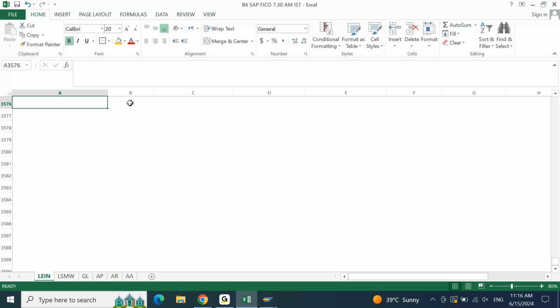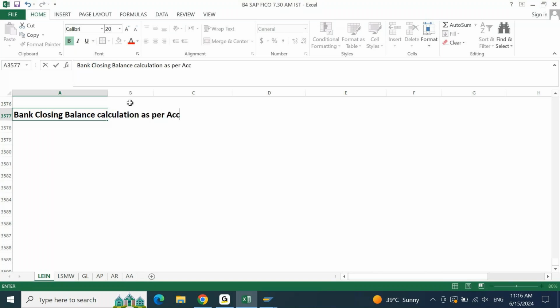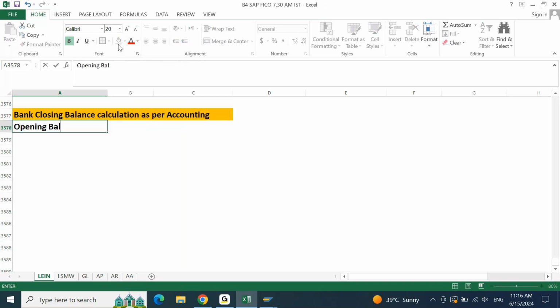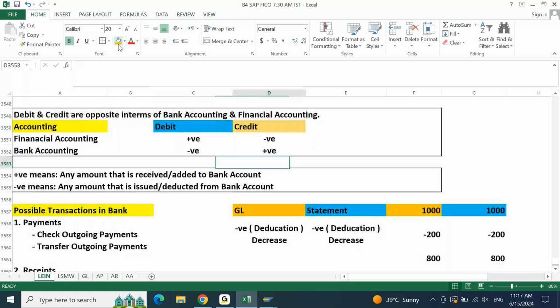First point, bank closing balance calculation as per accounting. When I'm talking about this, first thing I'm going to take is opening balance. When you're talking about opening balance, you need to always see opening balance is a positive amount.